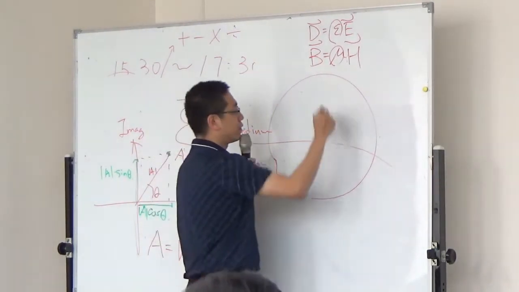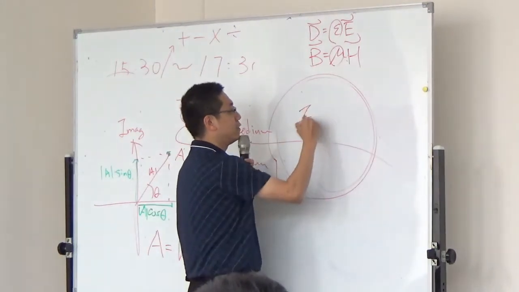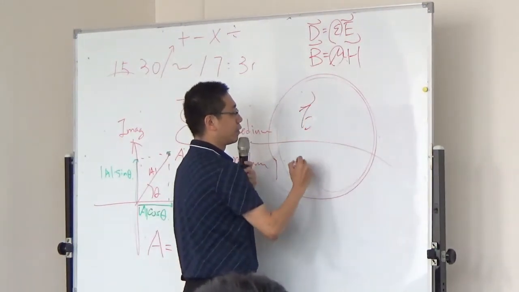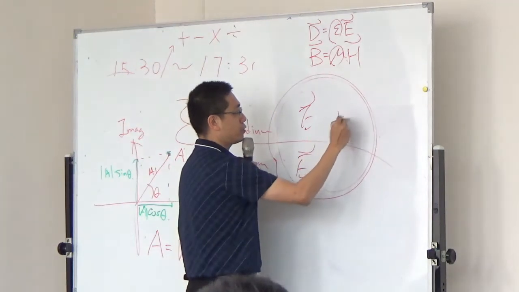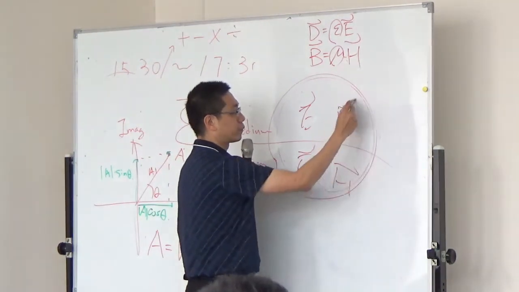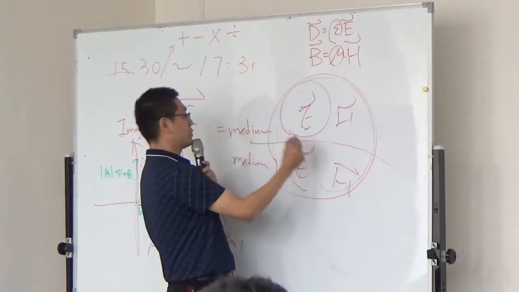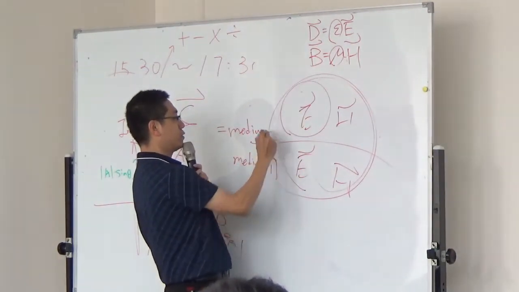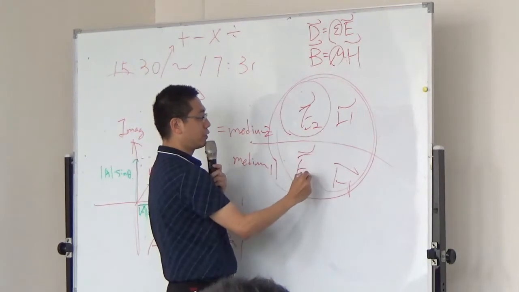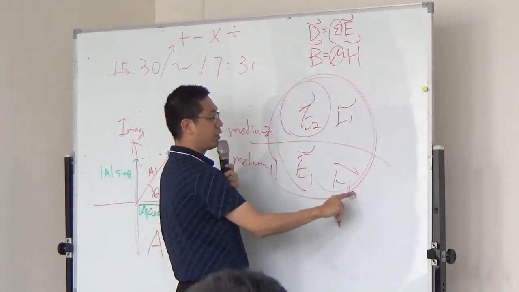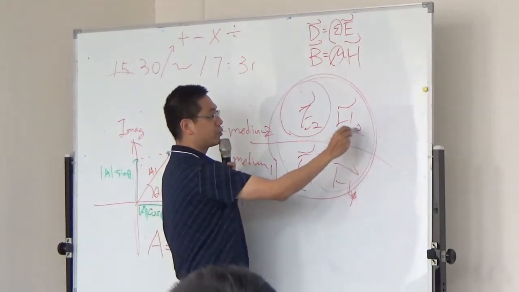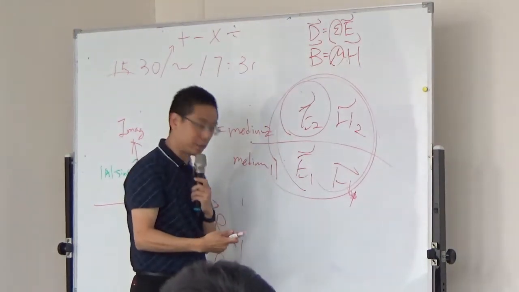And there is a field E and H. For this E, I call this one 1, this is 2. This is E2, E1, H1, H2, right?